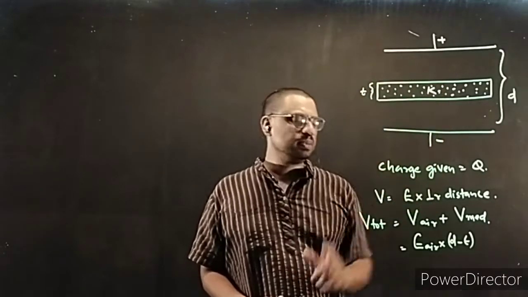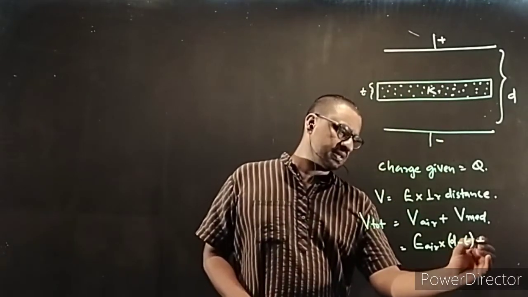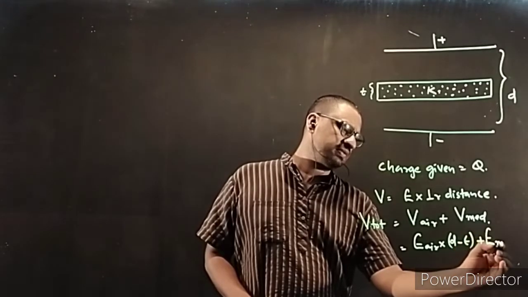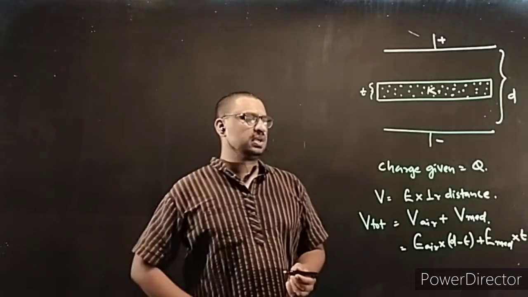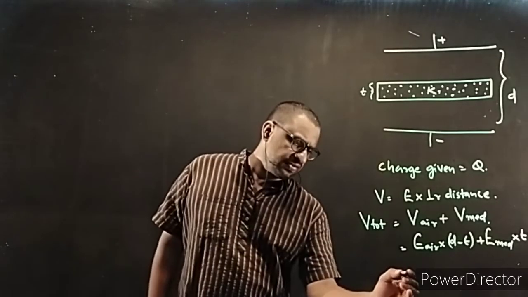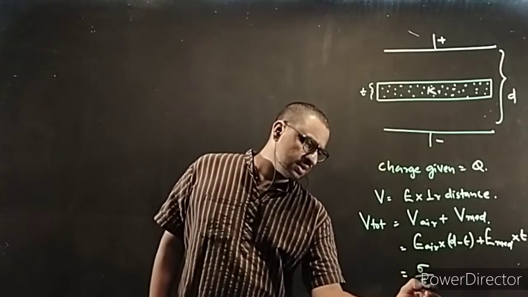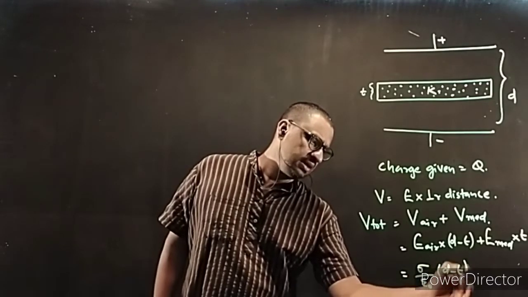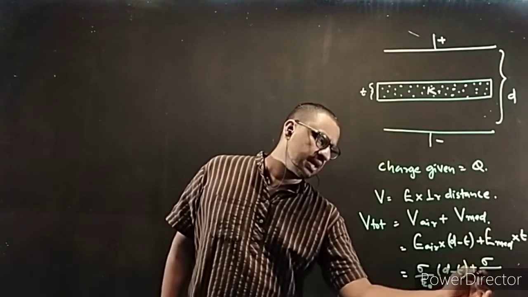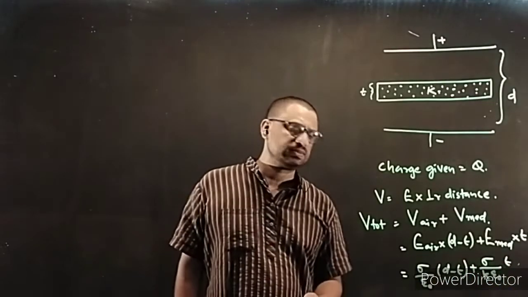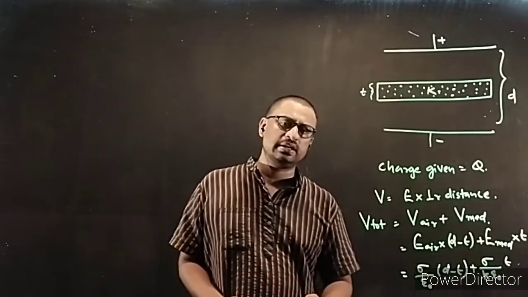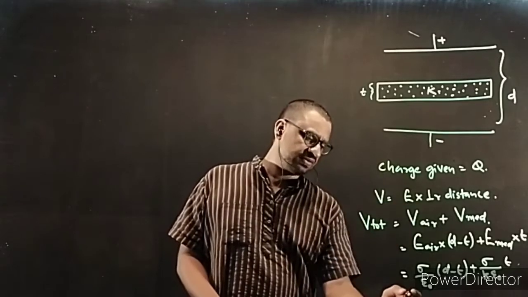So the air thickness will be D minus T, plus the electric field in the medium into T. The electric field in air is sigma by epsilon 0 into D minus T, plus sigma by K epsilon 0 into T. You remember that? That expression I introduced in the last definition itself.